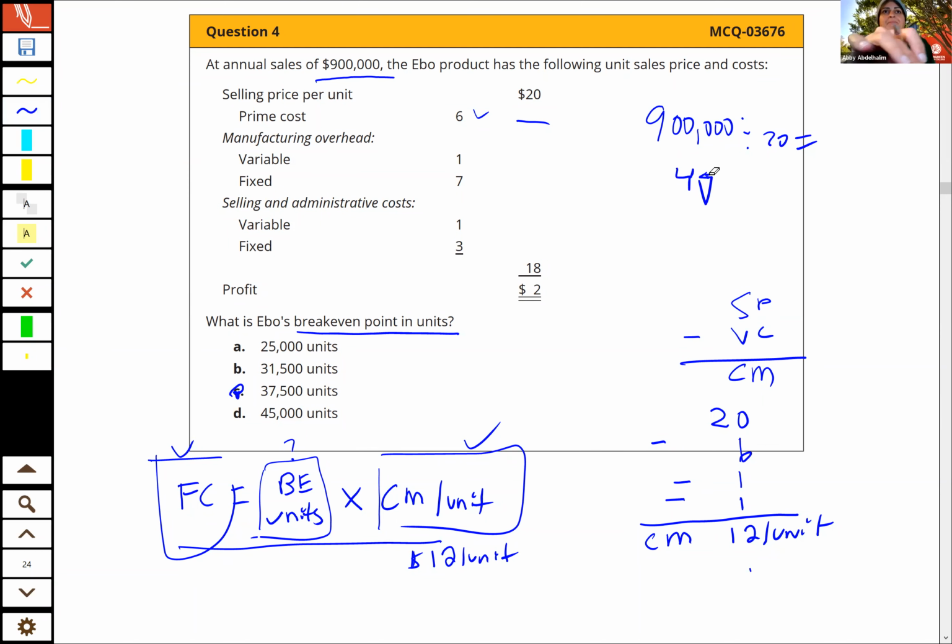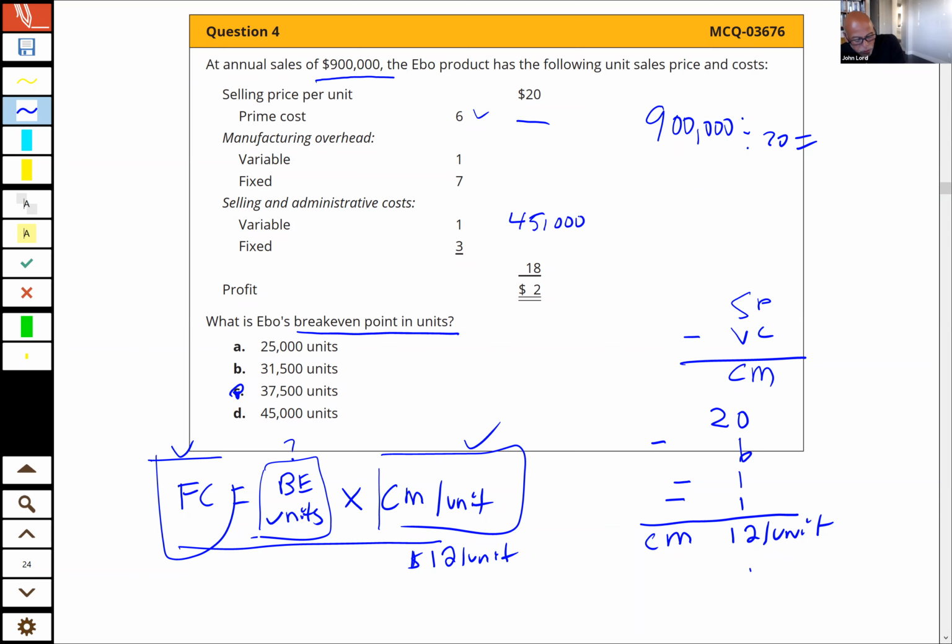Yes. Yep. Notice it's going to mess with me to the very end, isn't it? 45,000 units. Okay, so 45,000.